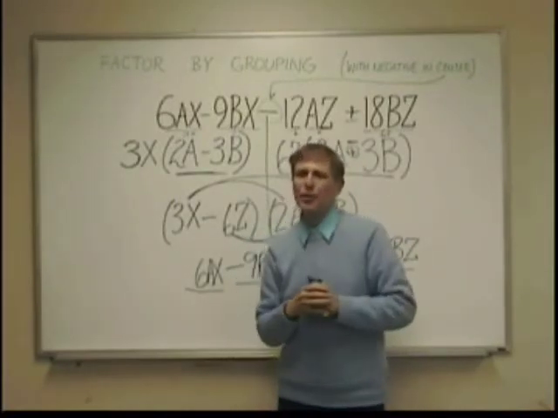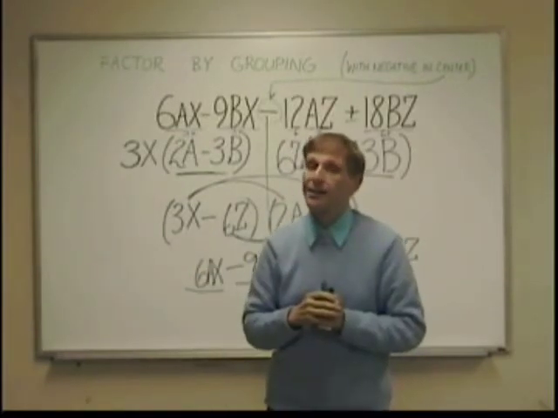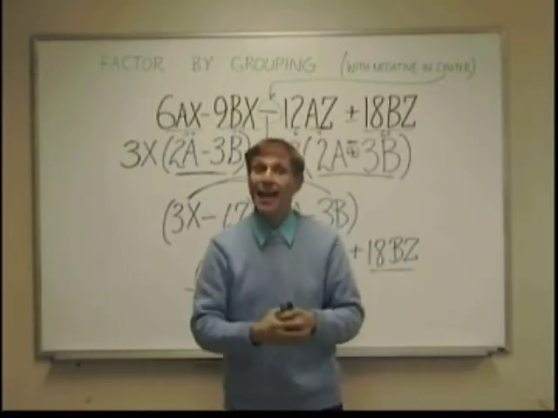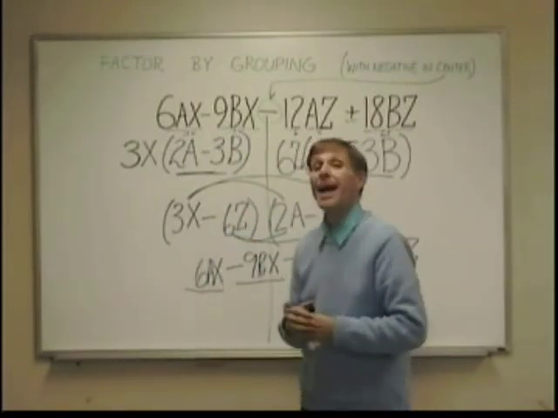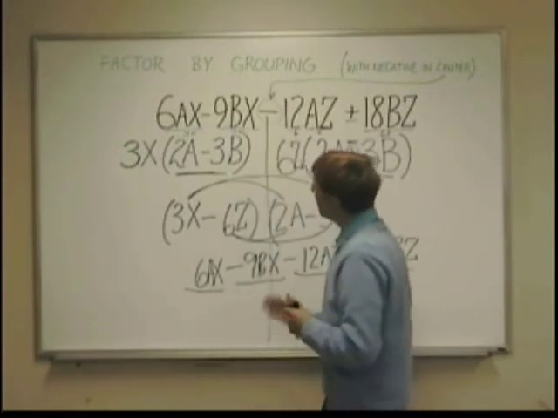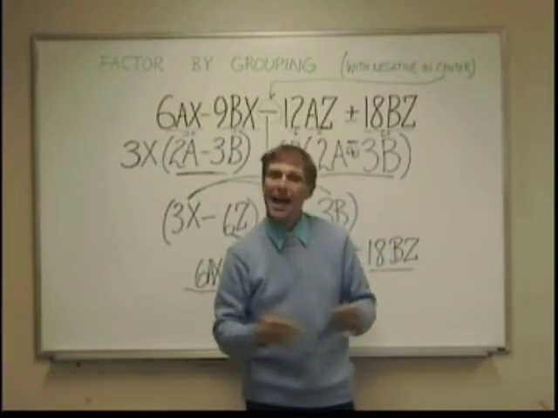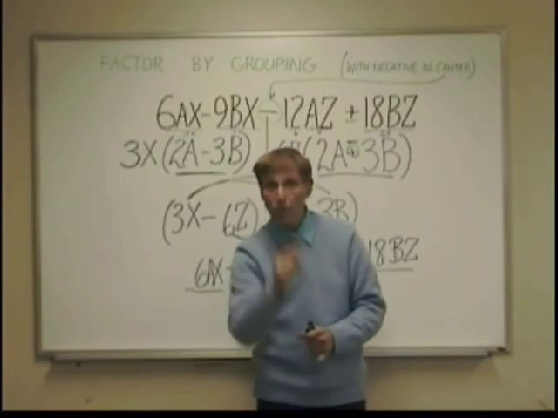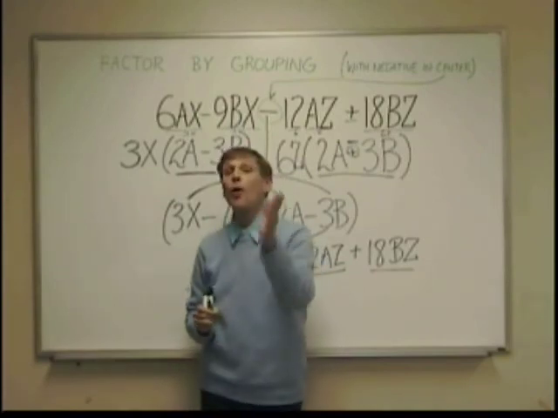Just be very careful with your signs, and you may want to review the common factor lessons that we have on YouTube, either our Easy Access or other great YouTube videos on common factoring, factoring out the common terms, because what you're really doing with grouping is two pieces of common factoring, and then you're joining the outer numbers. And that's how you factor by grouping. A little more difficult because we had that negative sign in the center, but it all worked out at the end.